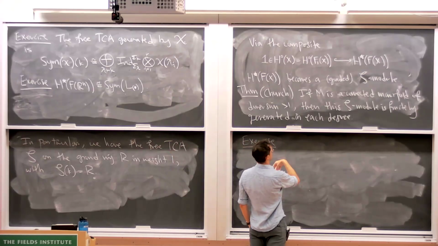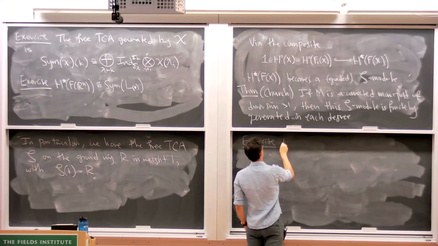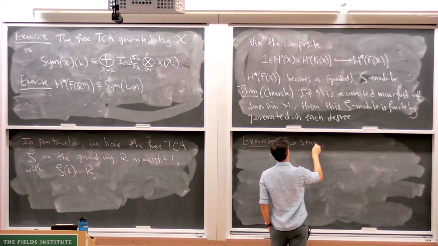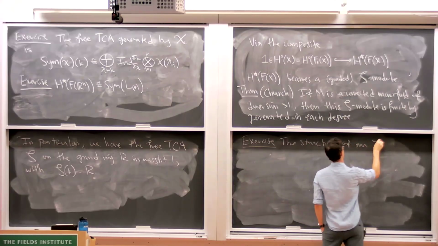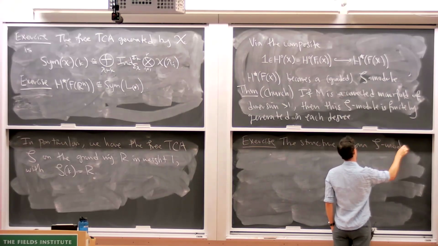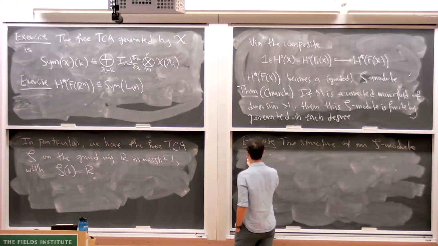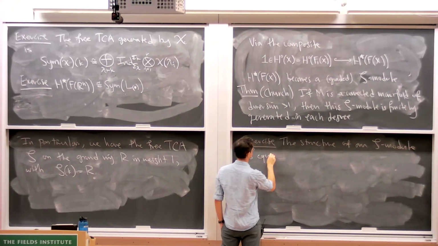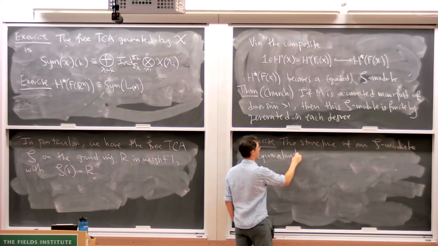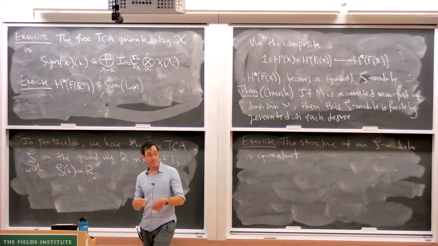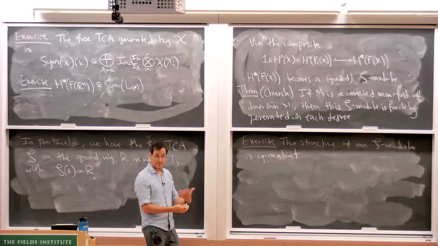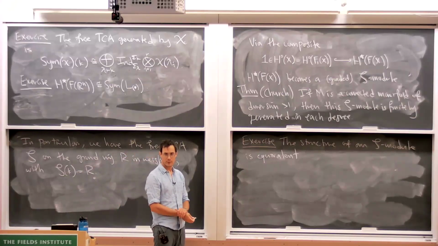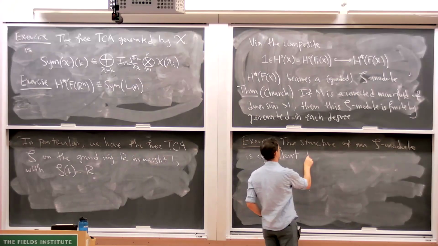And so the bridge is given by this exercise. The structure of an S module is equivalent to the structure of something that was mentioned in a question from the audience, the structure of what's called an FI module, so a functor from the category of finite sets and injections.